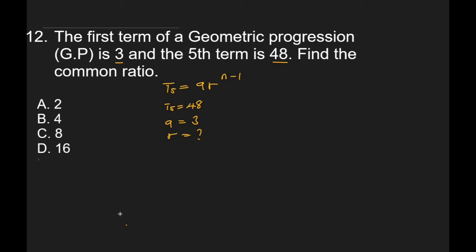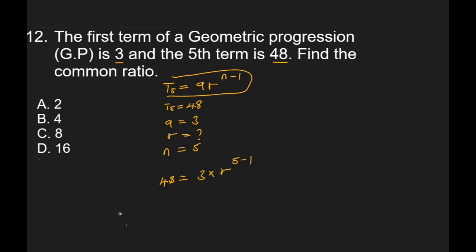We're given the fifth term, so the n here is equal to 5. And if this is the case, we can substitute into our formula and see that T5, which is 48, is equal to first term 3 times the common ratio, which we're looking for, raised to the power of the nth minus 1.